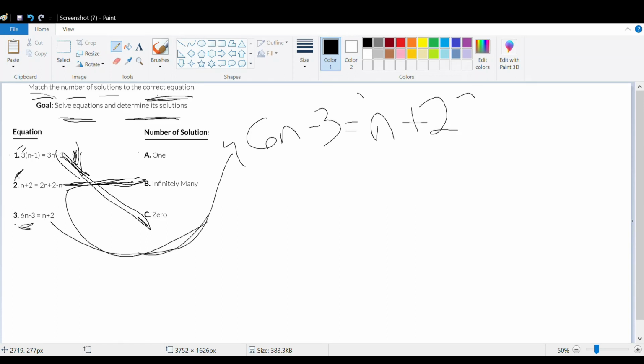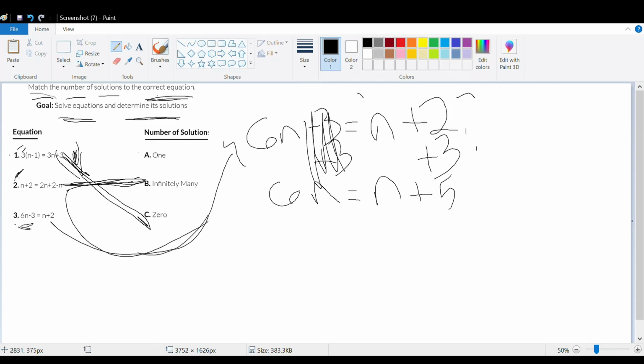As usual, we're going to isolate the n as much as possible. So we will add 3 on both sides. This gets canceled out. That's 6n equals n plus 5, because 2 plus 3 equals 5. Minus the n on both sides, this gets canceled, and we have 5n equals 5.